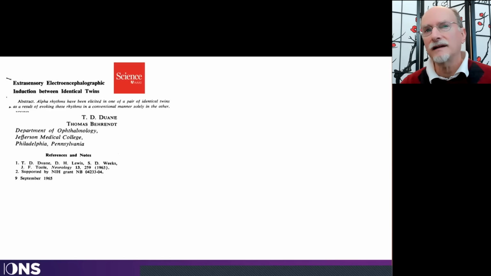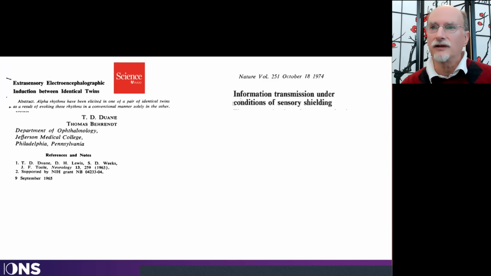And then you can look back now at an interesting historical thing. This is 1965 in the journal Science, which is one of the top 2 rated science journals in the world. This article, Extrasensory Electroencephalographic Induction Between Identical Twins. So that was published, supported by the NIH grant in 65. In 74, we have another major article in Nature.